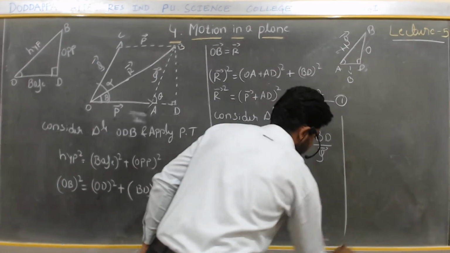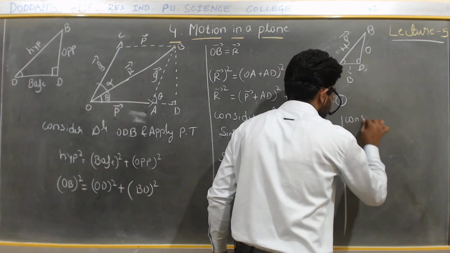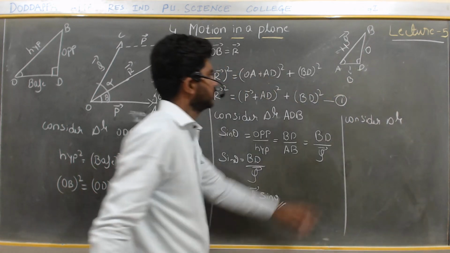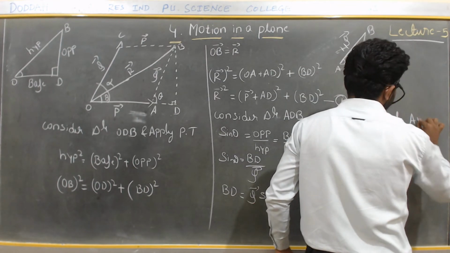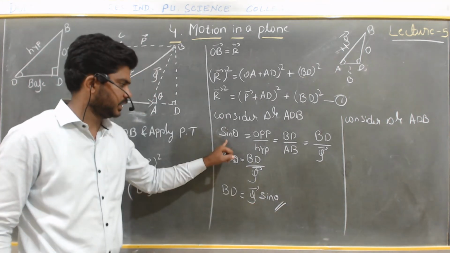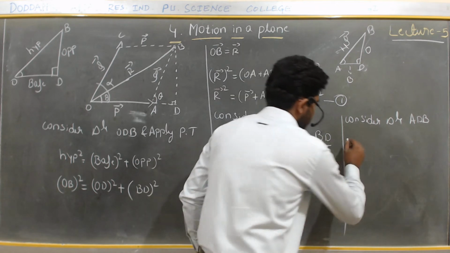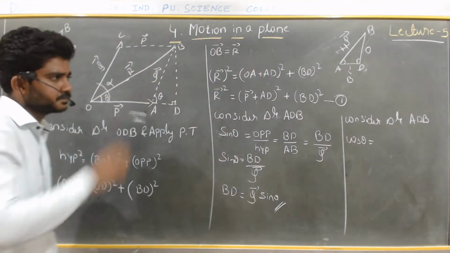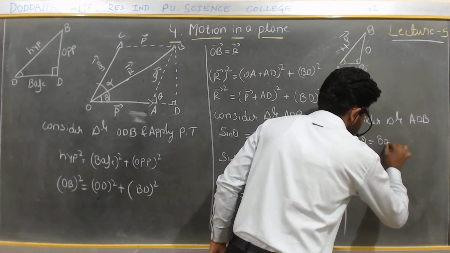Again, the same triangle. Consider this triangle only. But the function is different. Here it was sine theta and here it will be cos theta. Cos theta is equal to base divided by hypotenuse.